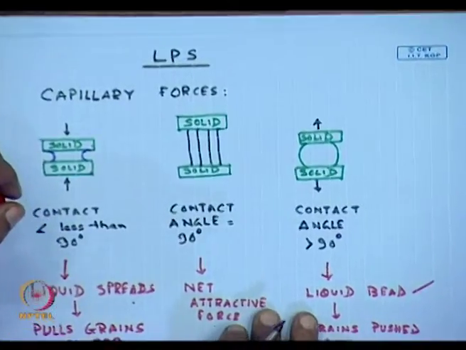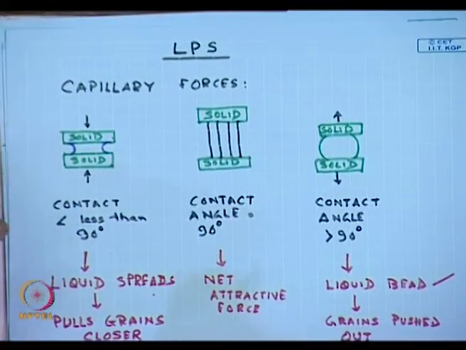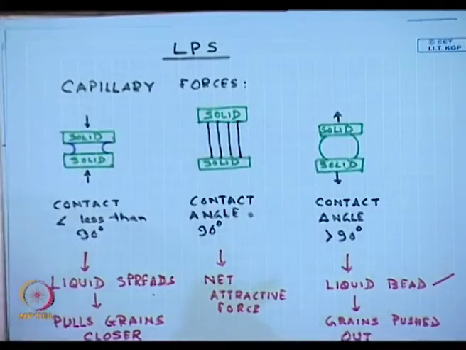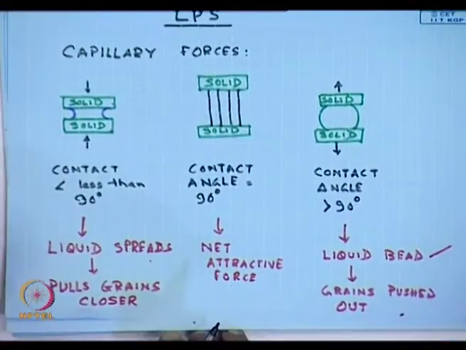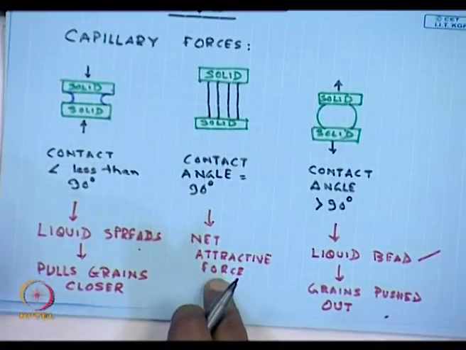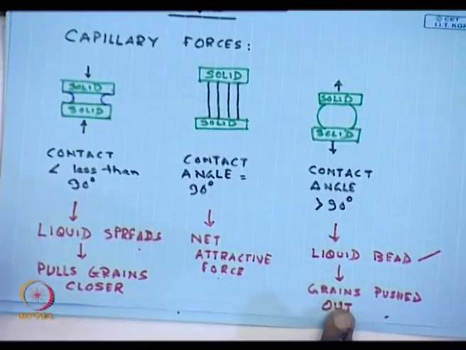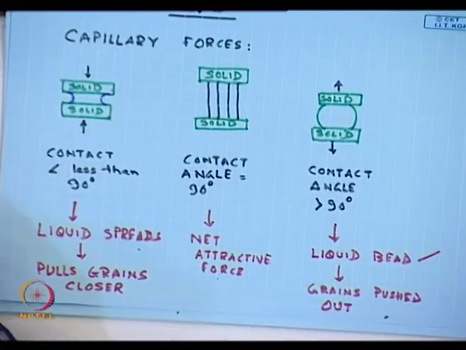So, if I am looking for liquid phase sintering, I have to first look at the capillary forces. Does the surface wet it? Is the contact angle less than 90 degrees? Ideal. That will help liquid phase sintering. Even if it is 90 degrees, it will work. But the liquid phase has to wet, otherwise the grains will get pushed out.